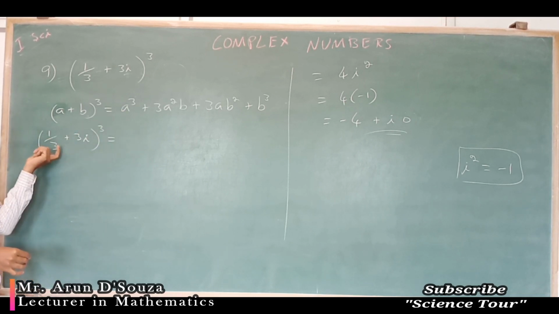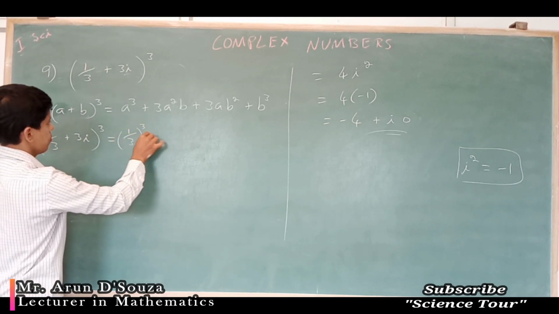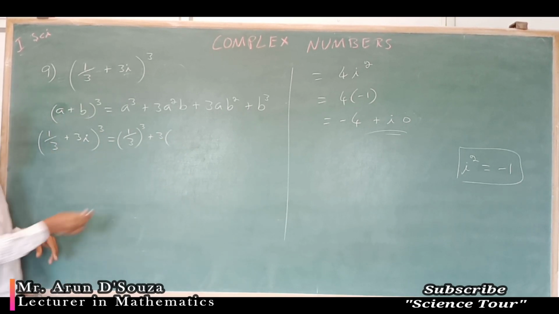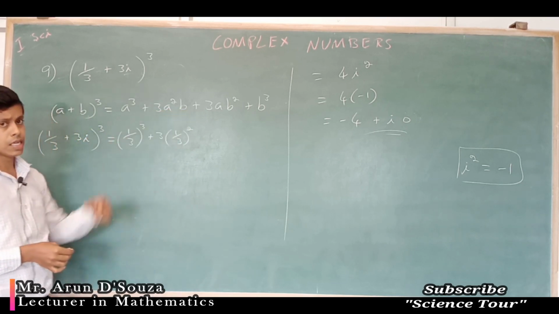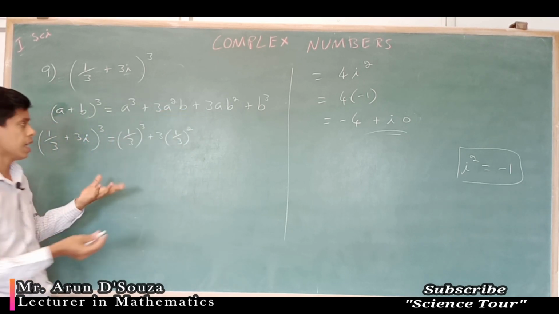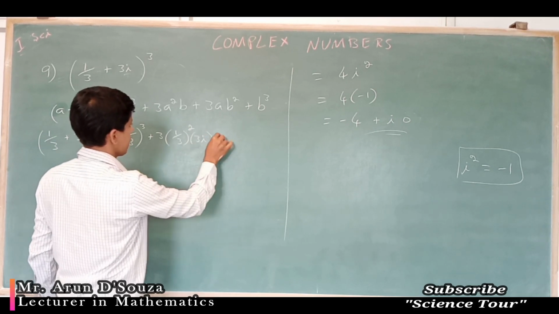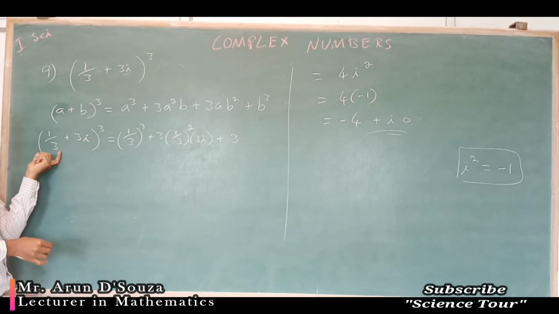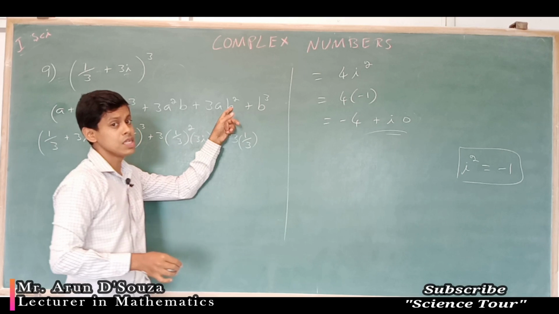Now a is 1 by 3. So (1 by 3) whole cube plus 3 into a square. a square is (1 by 3) square here. And then b, place it in there, 3i. Next, 3 into a, that is 3 into 1 by 3, and then b square.